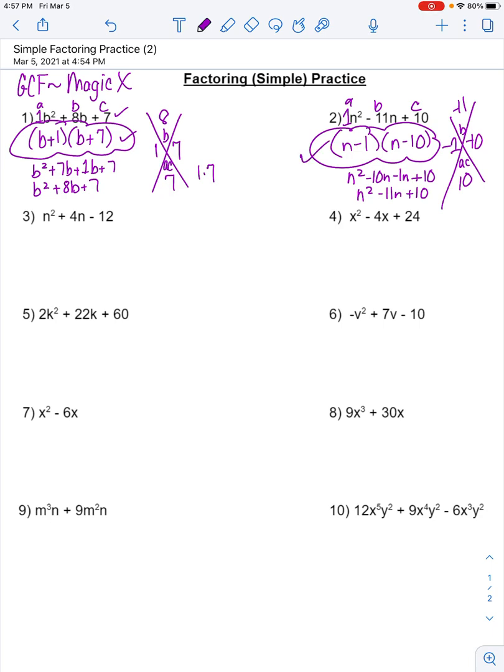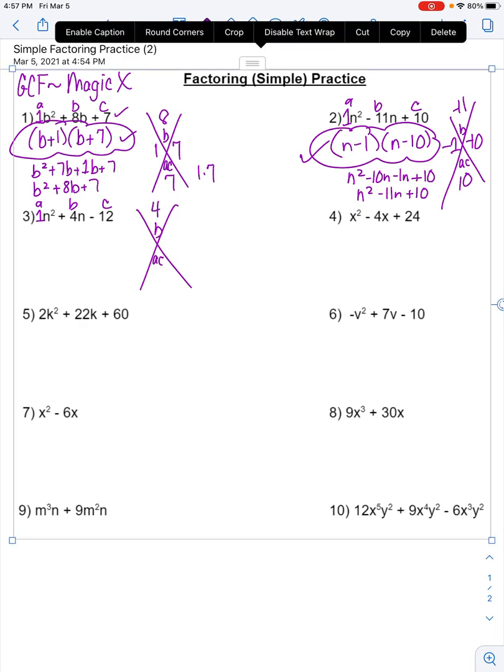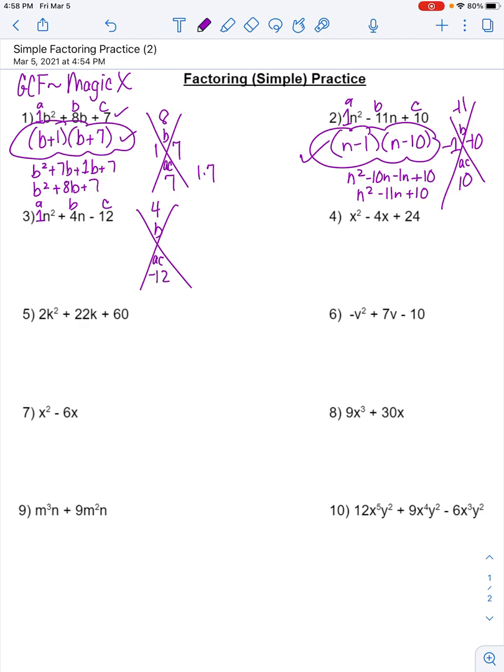Number 3, I don't see a greatest common factor I can factor out, so magic X has your back. Our A is 1, B is 4, C is negative 12. So 4, 1 times negative 12 is negative 12.